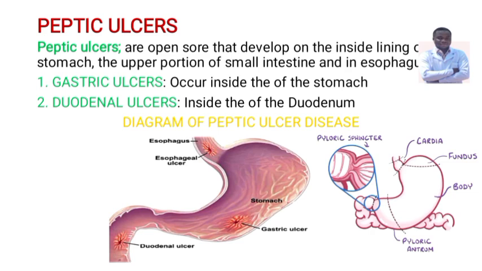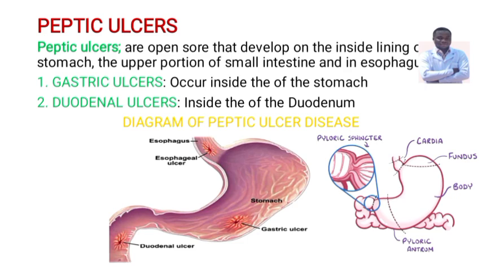Our stomach is divided into four parts: the cardia, the fundus and body, the pylorus, and the pyloric antrum. The cardia has an epithelial layer that consists of gastric glands.